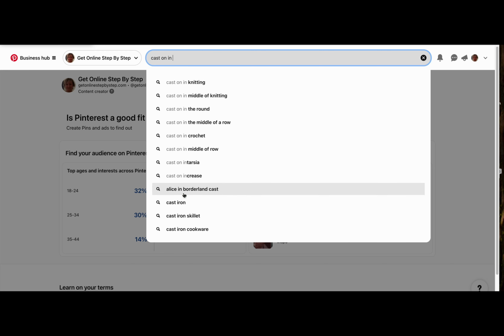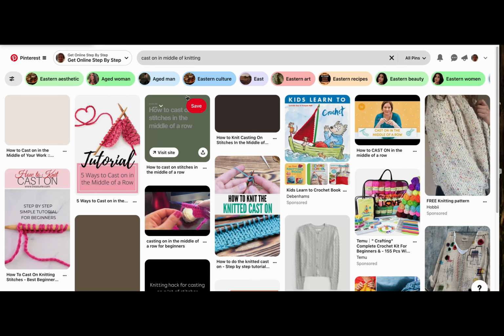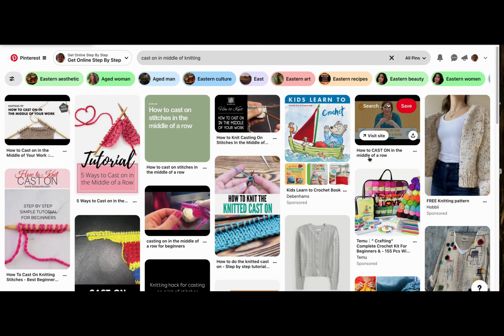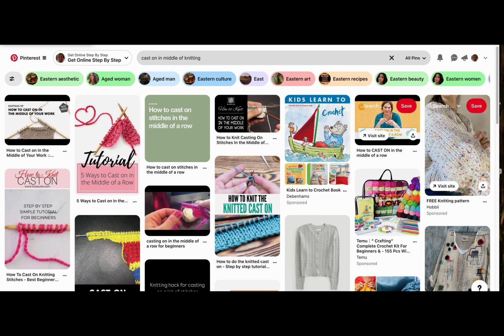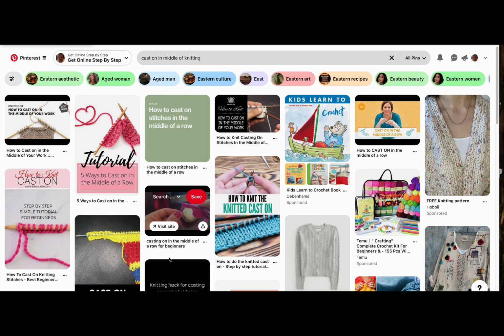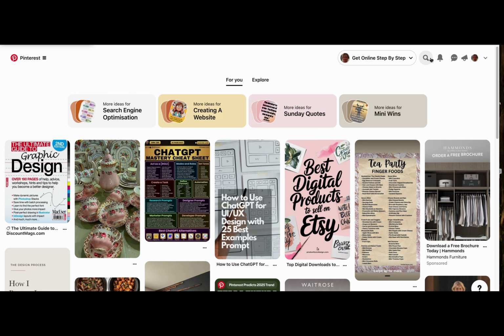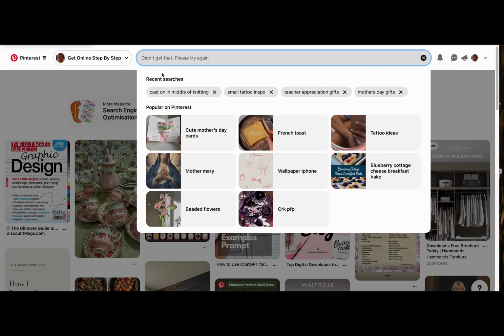Look at all these things. And the really lovely thing about this is you can look at the pictures. So if we put cast on in the middle of knitting, there's pictures to go with it. This is where I suggest you don't go, because it's just time stealing. But Pinterest is a really good resource for you to find different focus keywords.